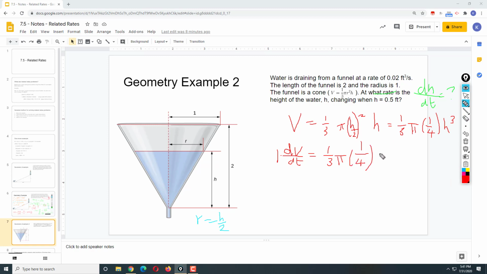The derivative of x cubed is 3x squared times dx over dt, from implicit differentiation, the chain rule. Step 3, plug in. We know that dV over dt is 0.02.